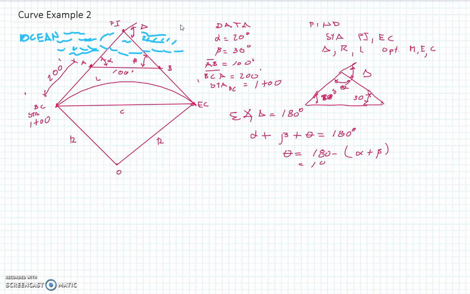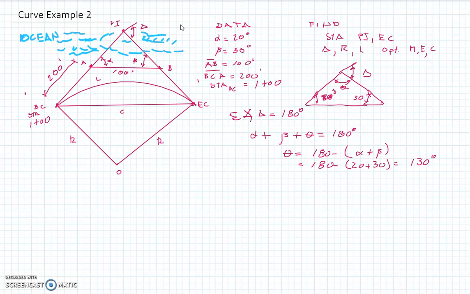That will be 180 minus (20 plus 30). 20 plus 30 is 50, and 180 minus 50 gives an angle of 130.